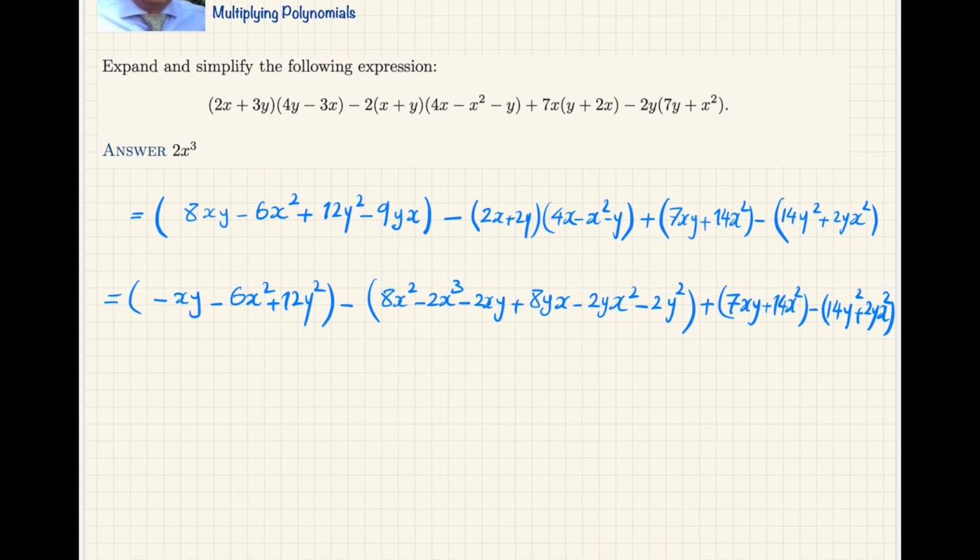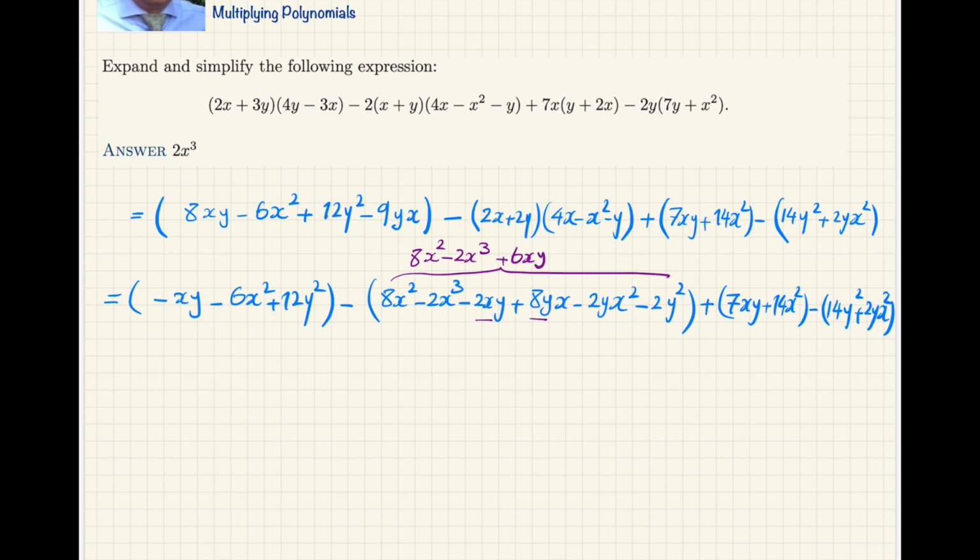Now, of course, here I can also simplify this expression a little bit. So let me do the simplification here to save some time. Only these two terms are similar. So if I want to write it, it is just 8x squared minus 2x cubed, and then minus 2xy plus 8yx. It becomes 6xy.